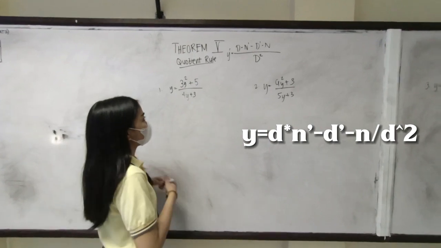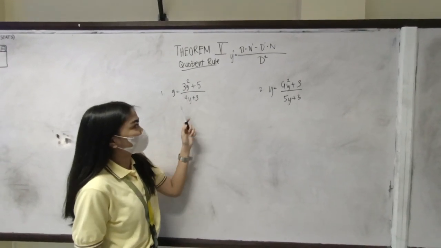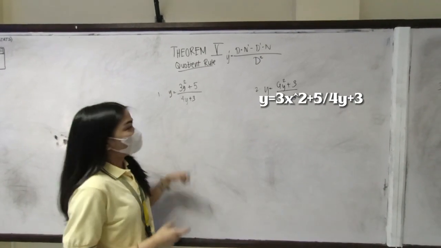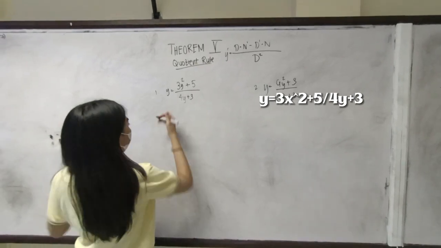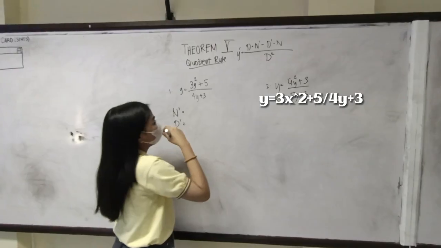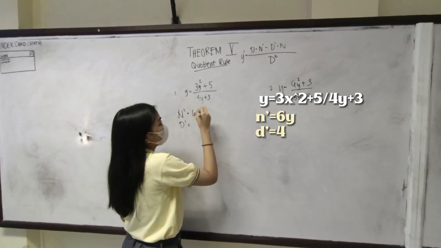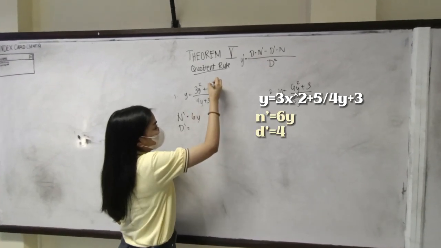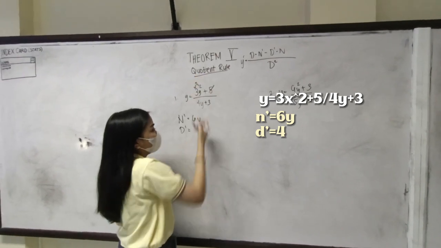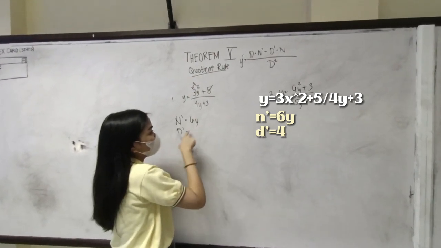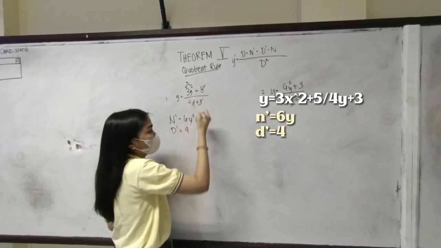For the first example, we have y equals 3y squared plus 5 over 4y plus 3. Let's first find the derivatives of numerator and denominator. For the derivative of numerator, we have 6y. Considering the theorem 1 and theorem 2, multiply. Then for the derivative of denominator, we have 4y. Considering the theorem 2 and theorem 1.